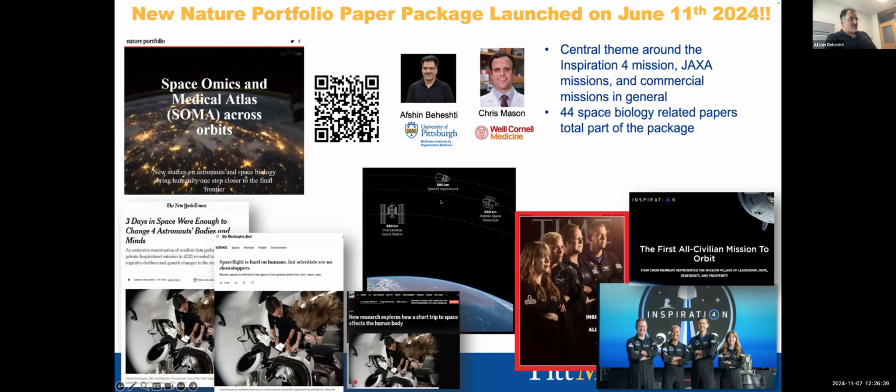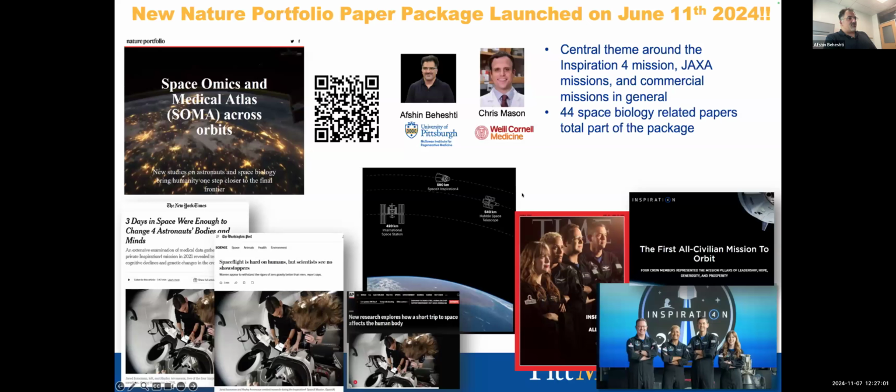But Inspiration4 went up to 590 kilometers, which is still in low Earth orbit. But as you get closer to the edge of the magnetic field, you get less protection from it, and you get a higher dose of radiation. So the crew that were in space for 3 days received the equivalent of 6 to 9 months of radiation on the ISS.